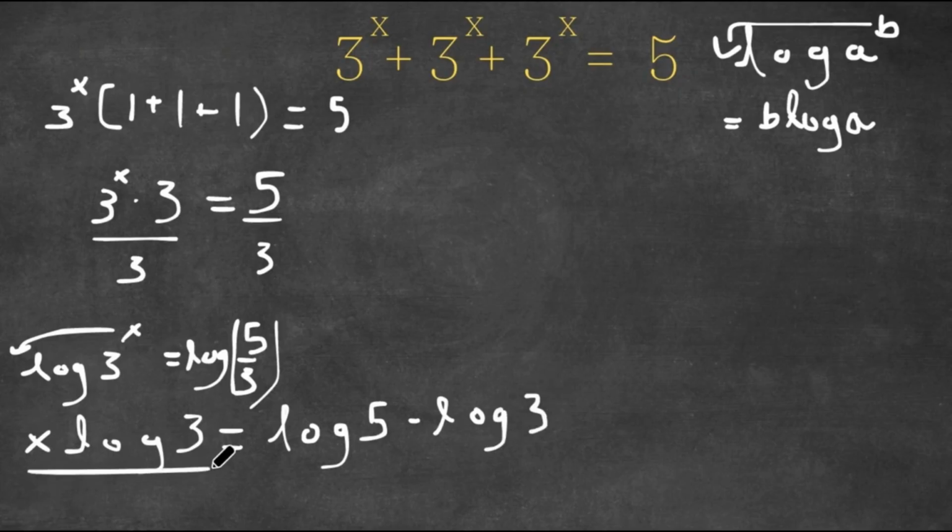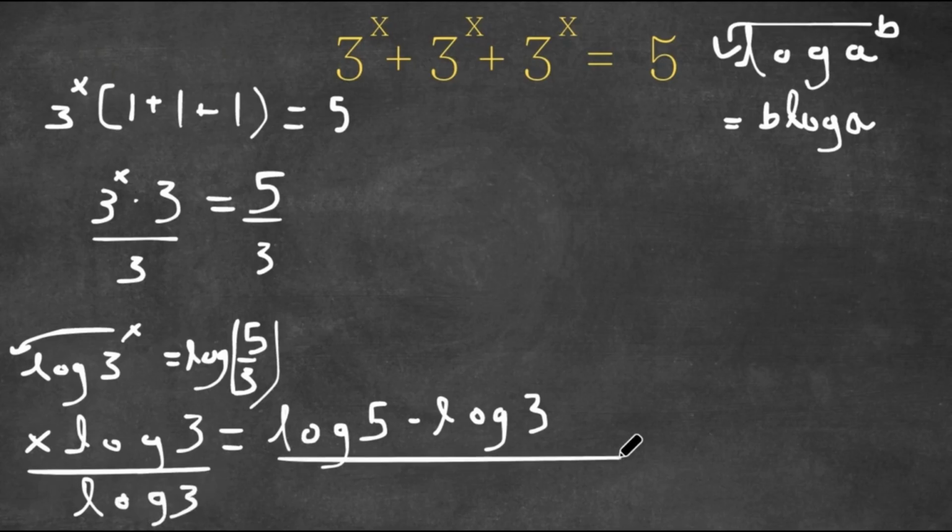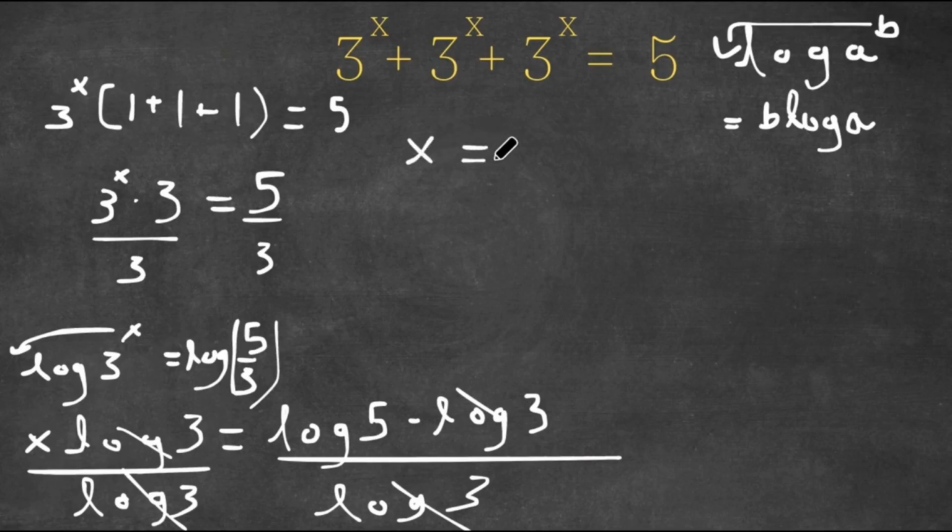So now I'm going to divide both sides by log 3. So then these two cancel out, these two cancel out, and I'm left with x is equal to log 5 over log 3 minus 1.